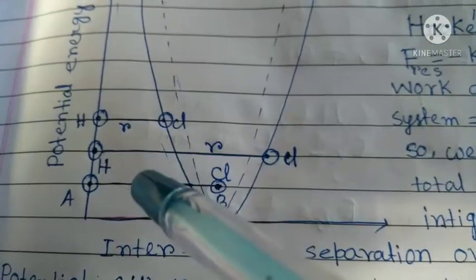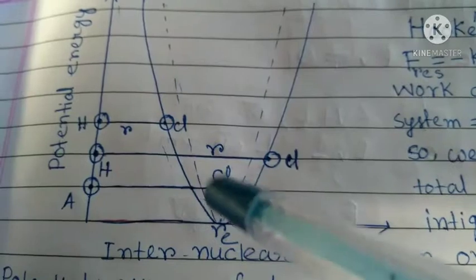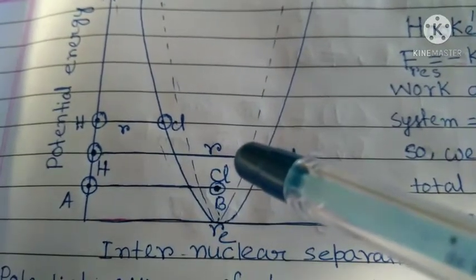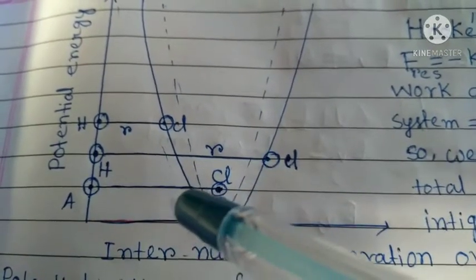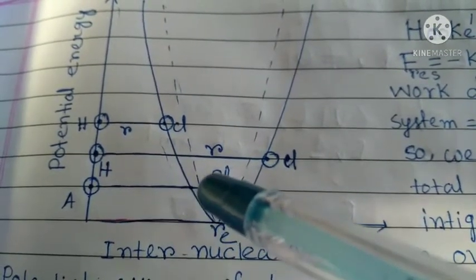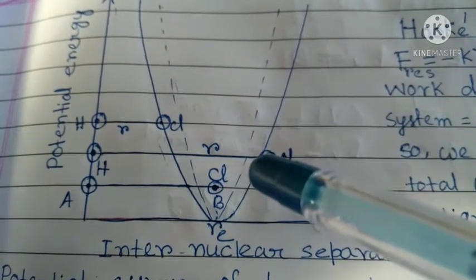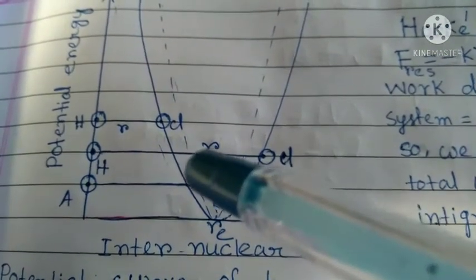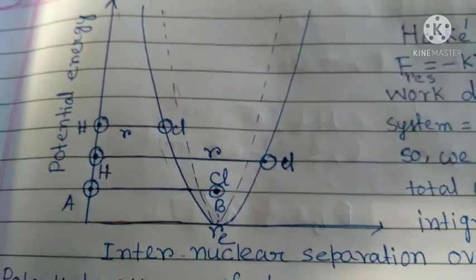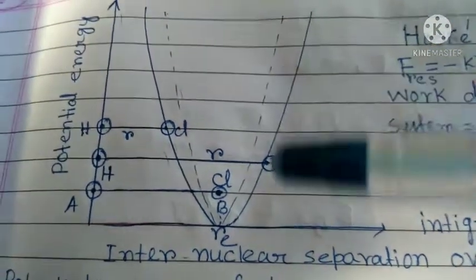Now, what is vibrational spectroscopy? When a molecule interacts with light having a frequency range from 400 to 4000 centimeter inverse, transitions happen between its vibrational energy levels.